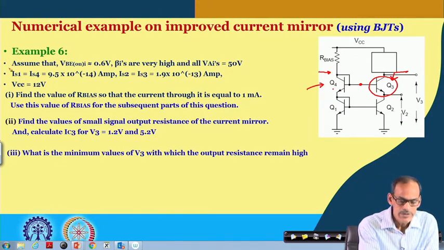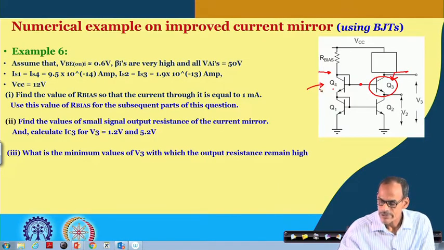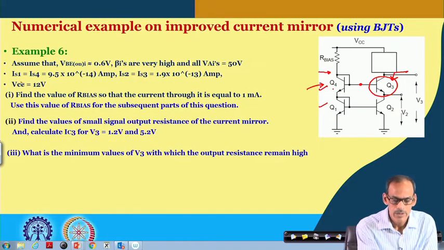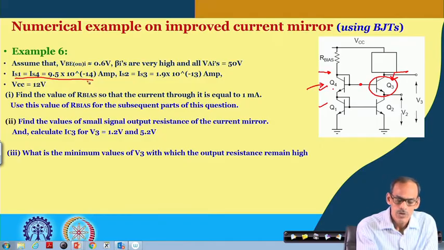Now, here the information of the dimensions of the different transistors is given. Namely, we consider these two transistors are identical, having reverse saturation current of 9.5 into 10 to the power minus 14 ampere.